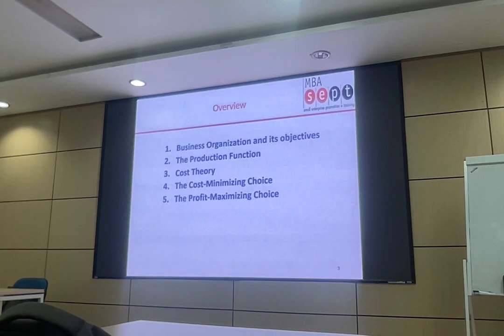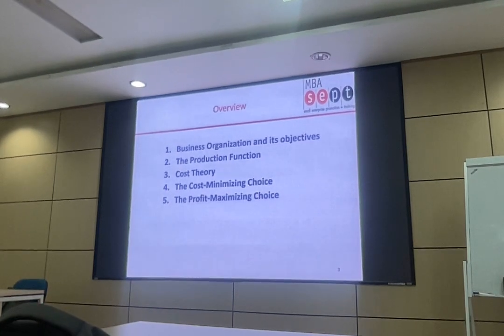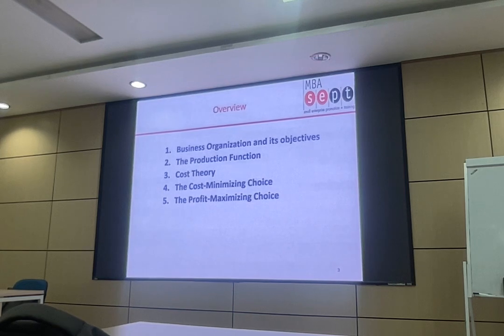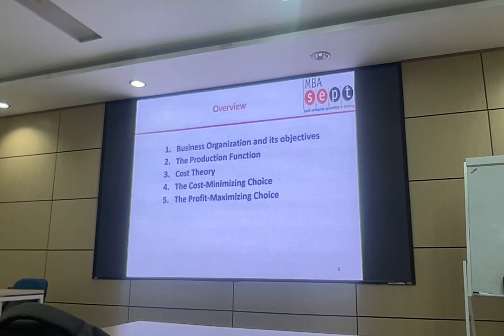For this chapter, we will focus on these 5 contents. First, the business organizations and their objective. It means we consider some types of business organization. In general, any business organization combines inputs and transforms them into output.